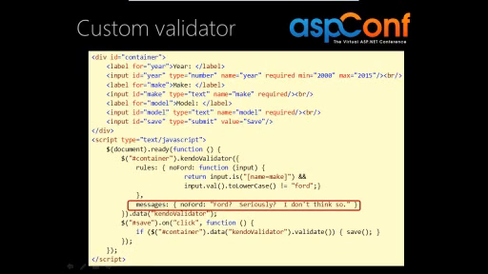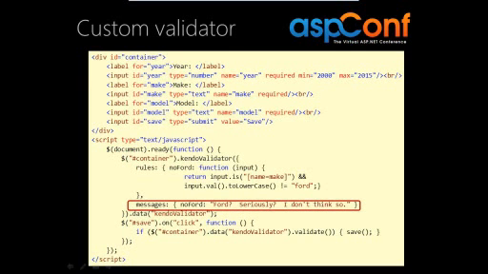So here I'm in my messages object. I'm creating a noFord entry, so it needs to match the validation rule that you created. And then I have my message. You would use this same syntax for creating custom validation messages for any of the built-in validators as well.